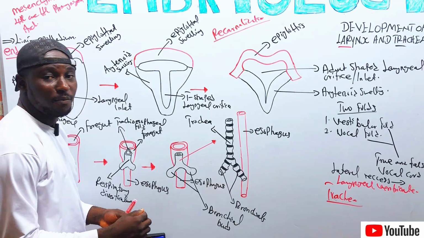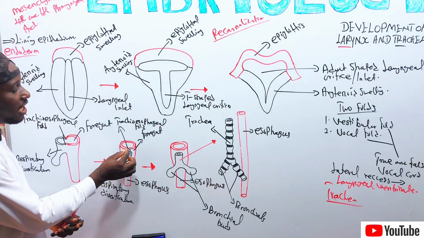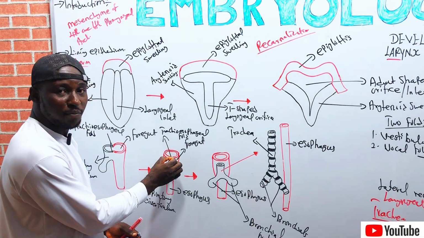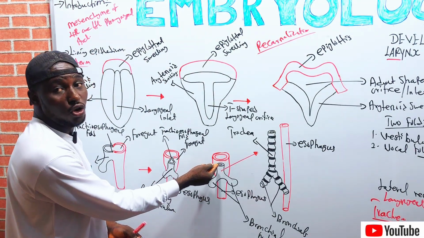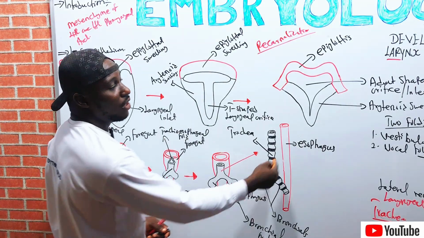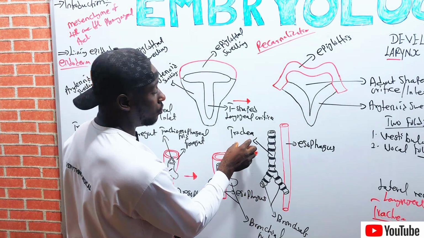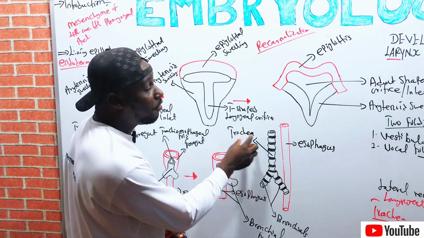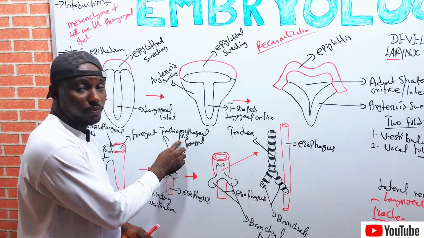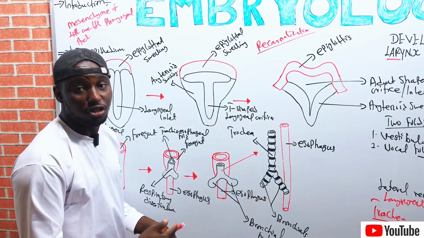That is why the tracheoesophageal fold is important for its fusion, because when it fuses, it forms the what? The tracheoesophageal septum, which separates the esophagus from the trachea, right? If the tracheoesophageal fold fails to form, it will lead to what? Tracheoesophageal fistula, which is TEF.